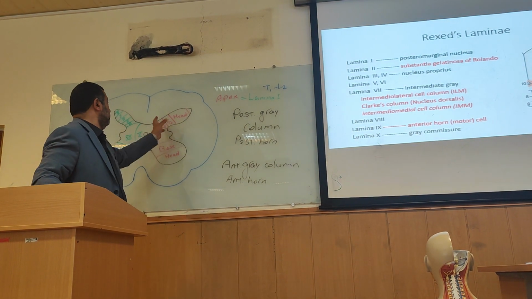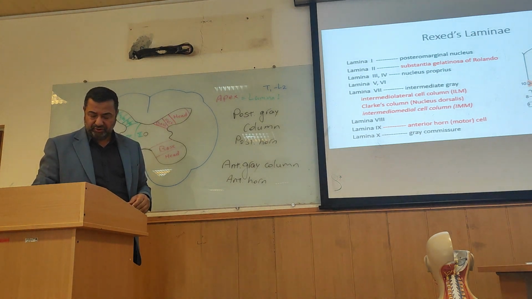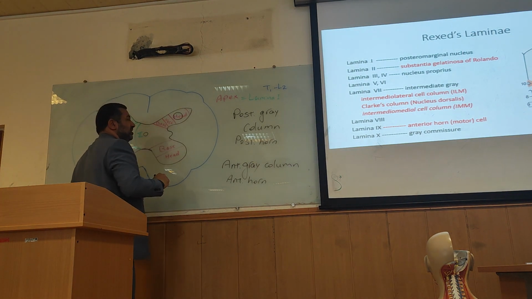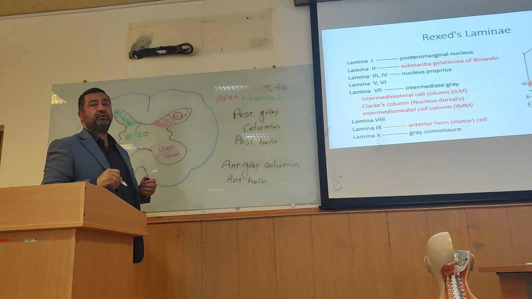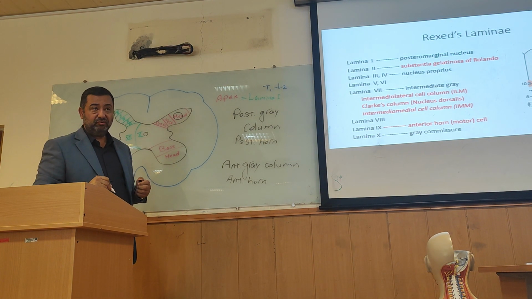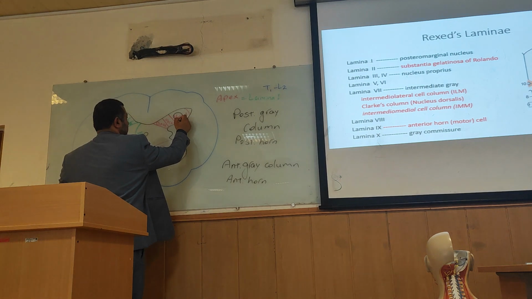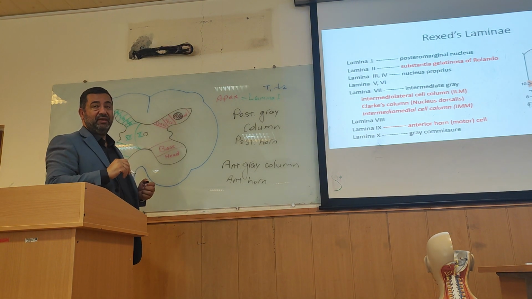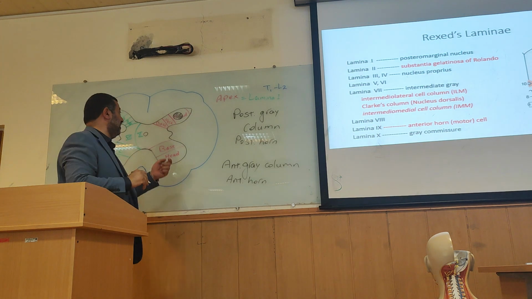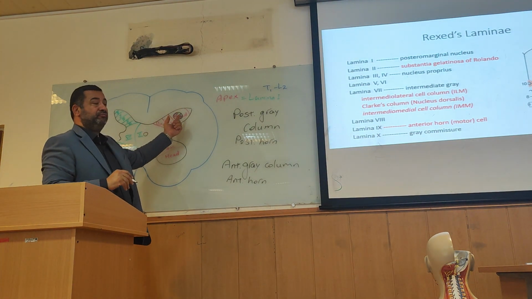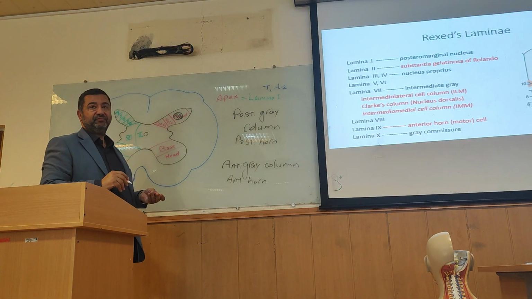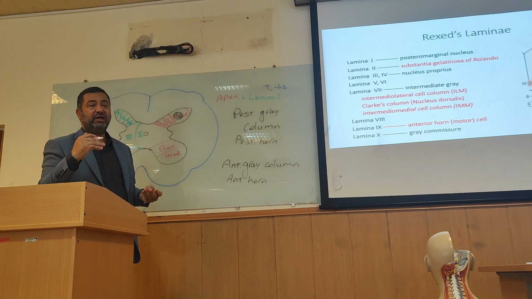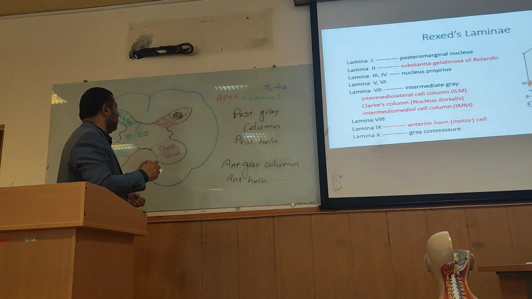In the lamina 3 and 4 here, there is a nucleus that is called nucleus proprius. Nucleus proprius is here.